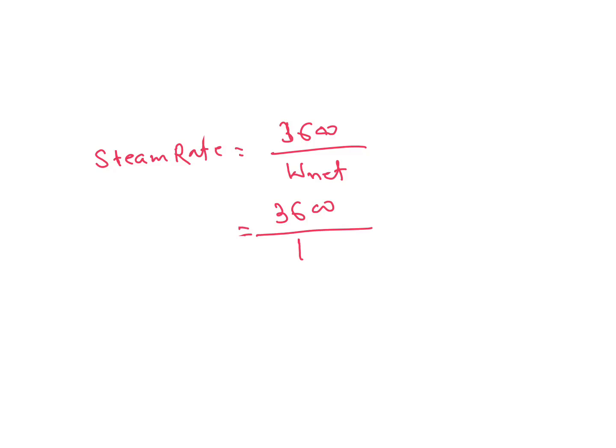So put the value, you will get your answer. Steam rate or specific steam consumption rate is 3600 divided by W net, the net work done. So 3600 divided by 1000, you will get 3.6 kg per kilowatt hour. Sometimes they may ask in kg per kilowatt second.